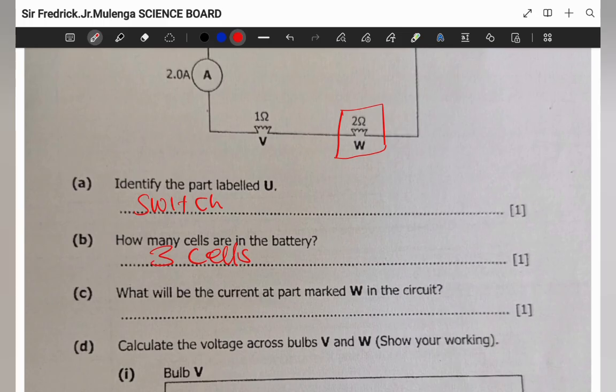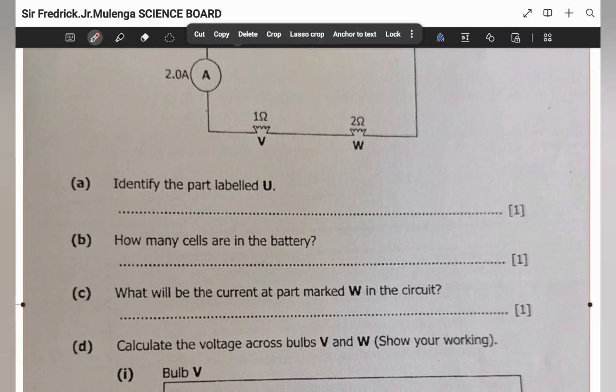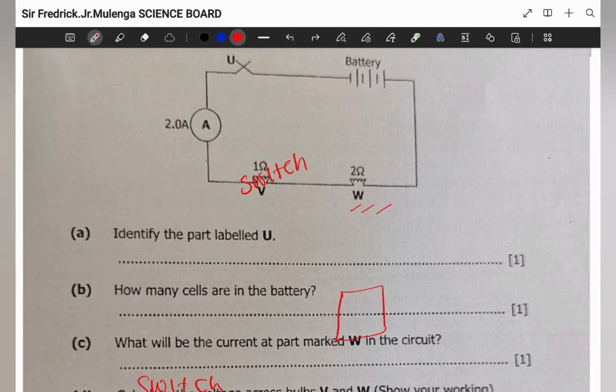So the current passing through W is 2.0 amps. That is also the same current passing through the 1 ohm resistor, at V. So those are the things you're supposed to recall there.